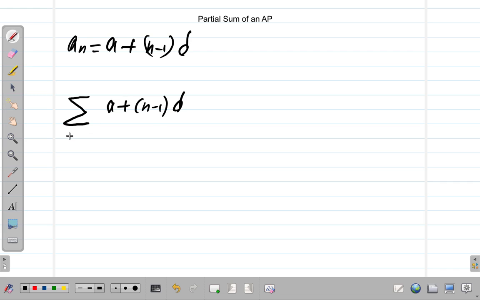You might be tempted to write n equal 1 to n, but it would not make sense, because n is a fixed number, the number of terms. The index is constantly changing, so we have to change the letter from n to something else. In fact, you cannot sum from n equal 1 to n. If n is 50, we cannot say n equal 1. So we have to use a different letter for n in this case.